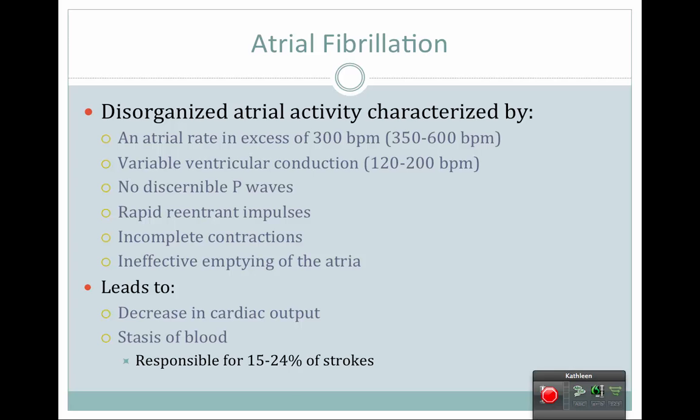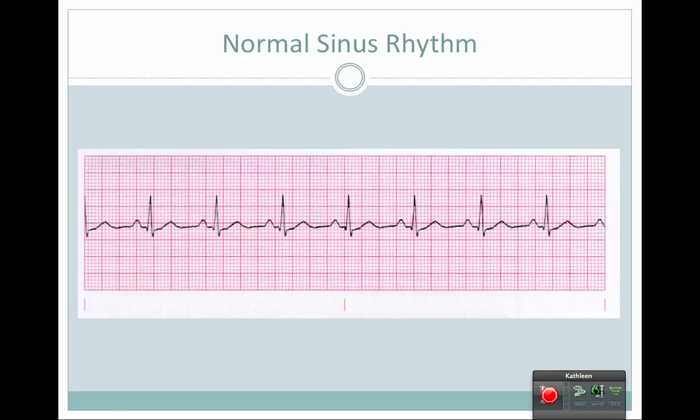So in a normal sinus rhythm, with normal hemodynamics of a patient, you have one P wave to one QRS to one T wave. With the electrical conduction system, the PR interval should be no greater than 0.20 seconds. And there should always be just one P wave to one QRS. In atrial fibrillation, you cannot discern the P wave. A lot of times you'll be looking to see if there's a P wave, and there's not.